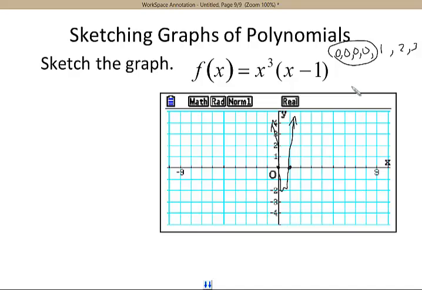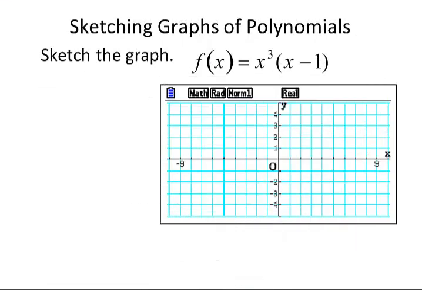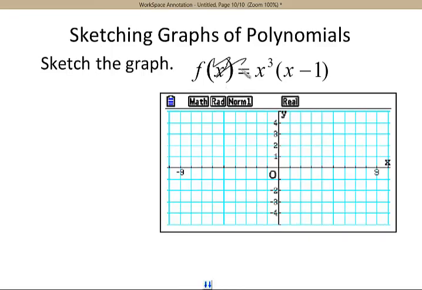Okay, so let me clean this off. Let's say your graph had zeros at -2, -2, 0, and 5. Okay, so there are 4 zeros. That means the behavior, I have to also tell you that there are 4 like this.